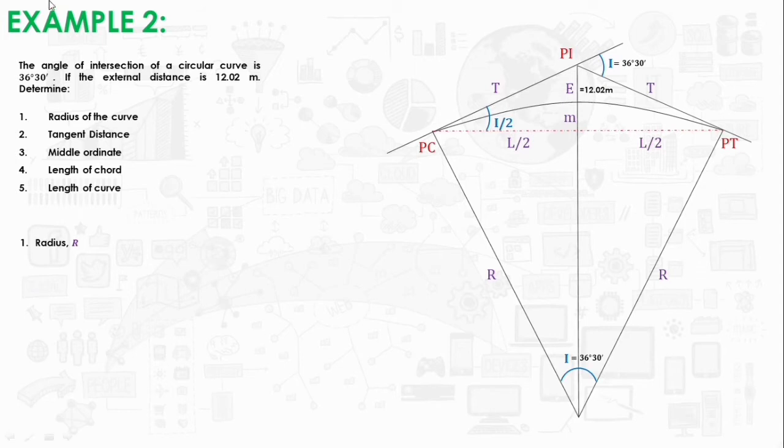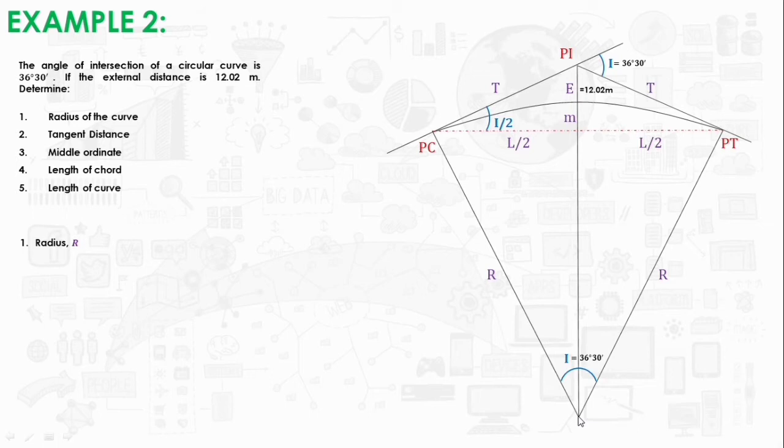So we can use this right triangle here, from PC, PI, and the center of the circle. The adjacent side there is R, the radius, the opposite side is the tangent line, or T, and the hypotenuse is from PI to the center of the circle.